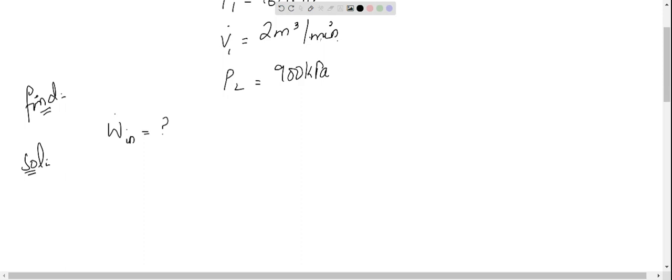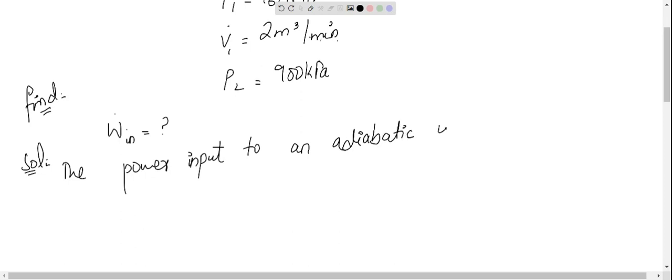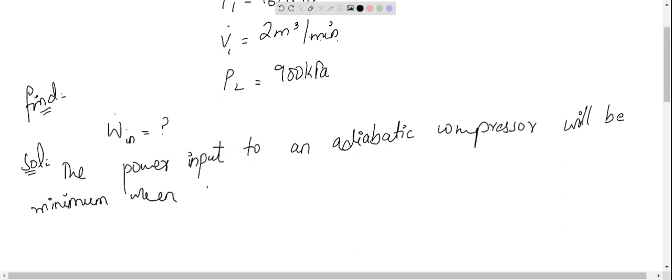First of all, the power input to an adiabatic compressor will be minimum when the compression process is reversible.